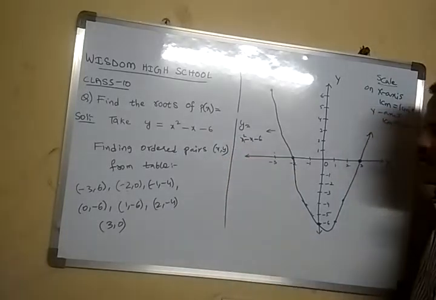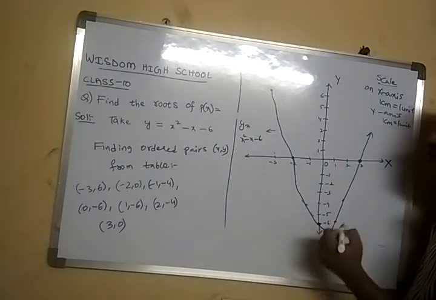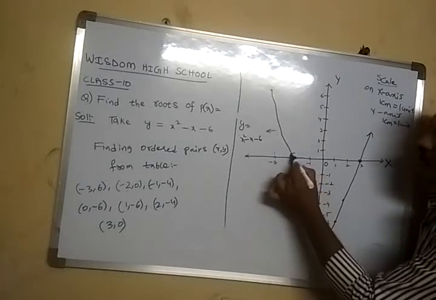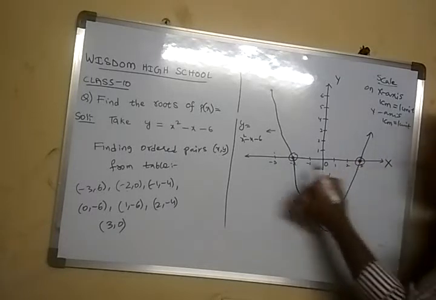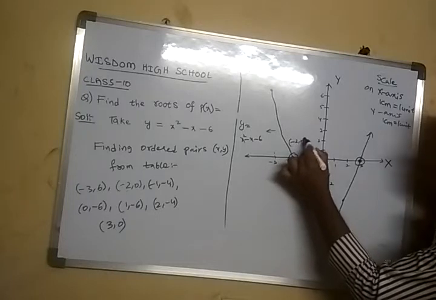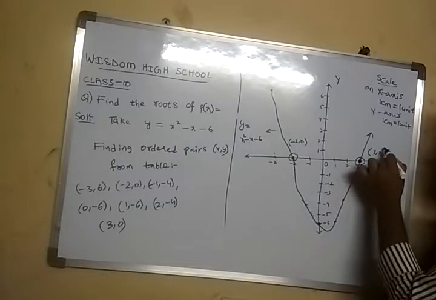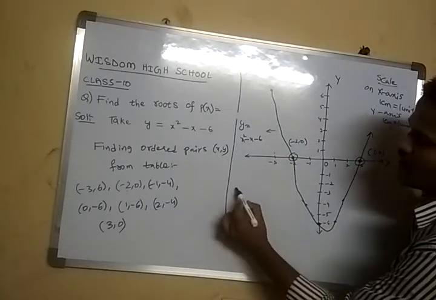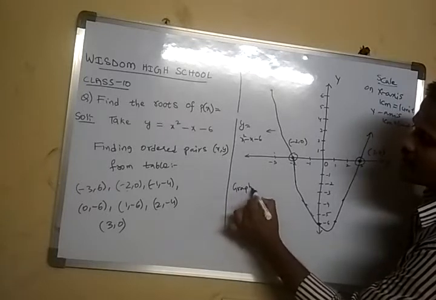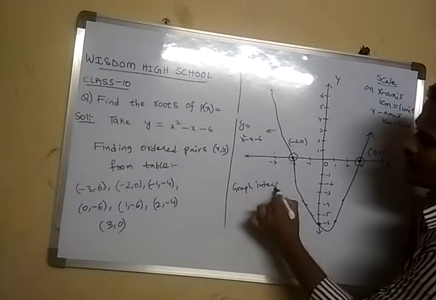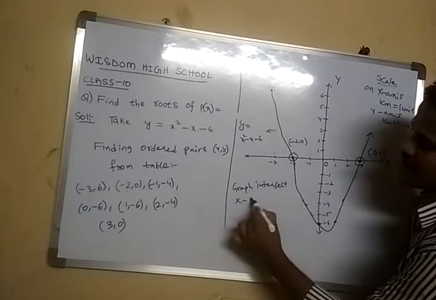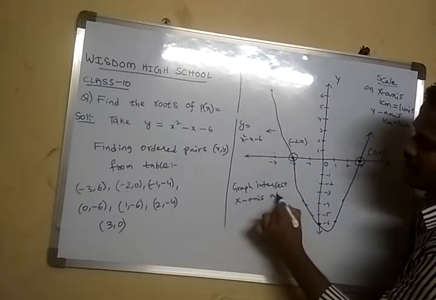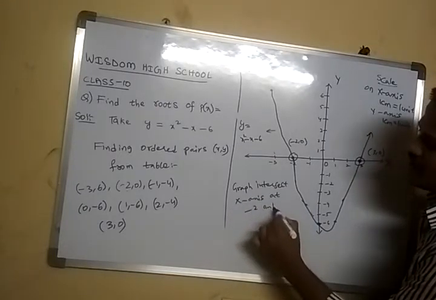So this is the graph, and from this graph you will get two intersection points with the x axis. What are they? Minus 2 comma 0 and 3 comma 0. That means the graph intersects the x axis at minus 2 and 3.